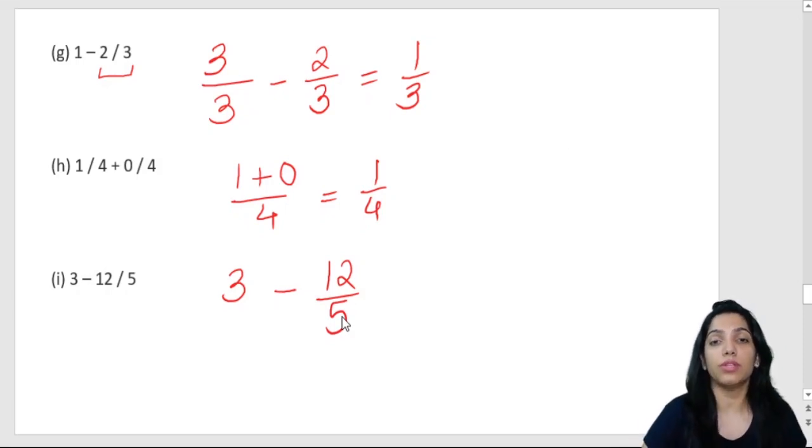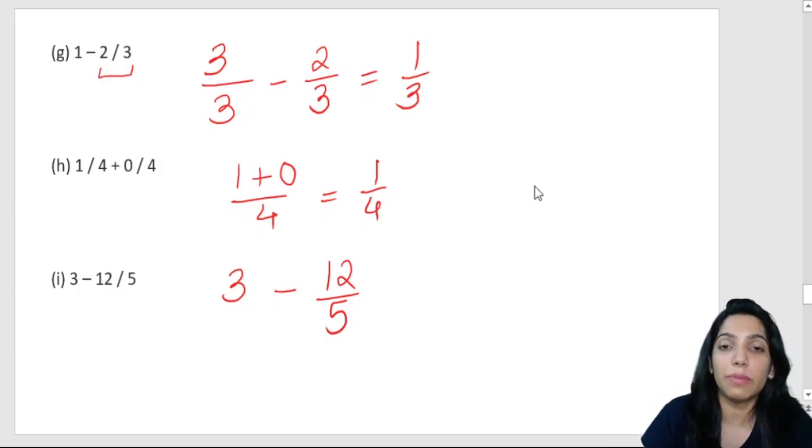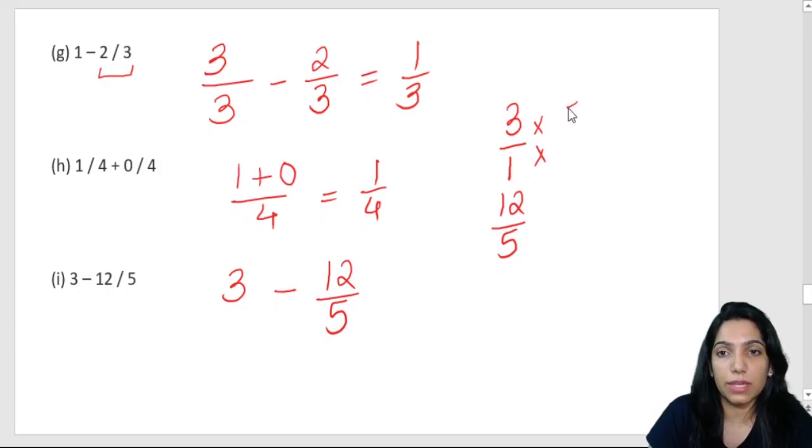You need to think carefully what you can keep as the denominator so that you can get 3 as your answer. So we need to first make these two fractions like fractions. Here it's 3 over 1 and here it's 12 over 5. Now let's try to make this one into 5. So what can we do? We can multiply numerator and denominator by 5 itself.